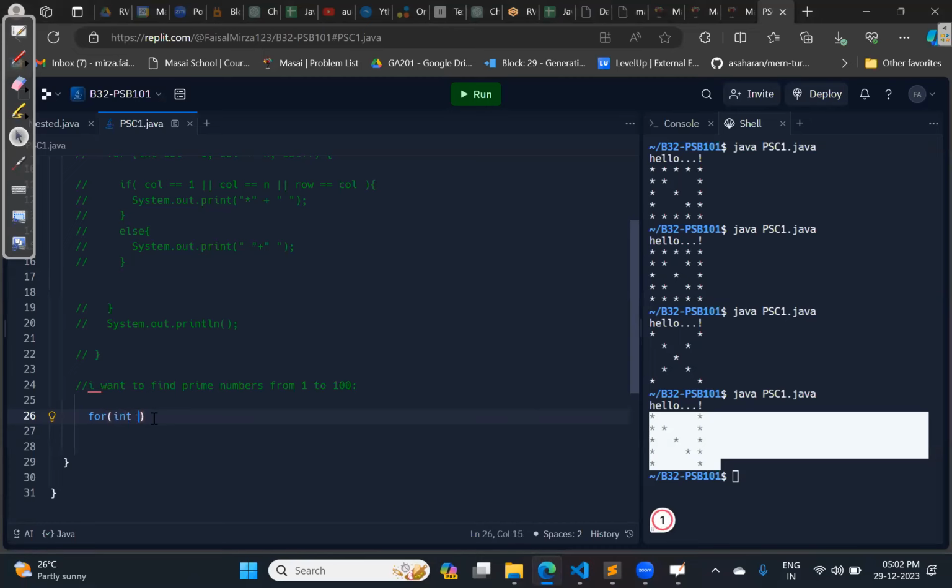Now running the for loop from number equals 1 till number is less than or equal to 100, and num plus plus.